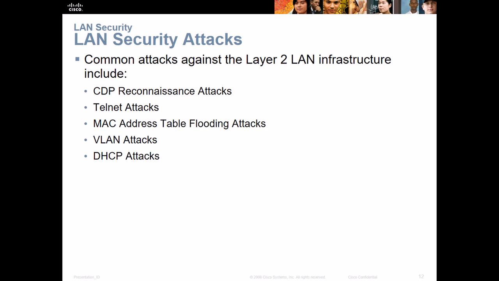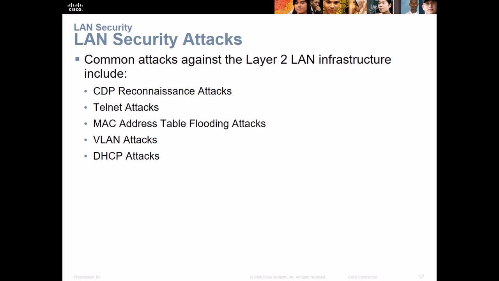If the MAC address table is full of bogus MAC addresses, then you really turn the switch into a hub, because when a switch receives a frame and does not have the destination MAC address in the MAC address table, it floods, which means it sends the frame to all the other ports, and that's exactly what a hub does. That could be a problem with the MAC address table, so we'll fix that as well.